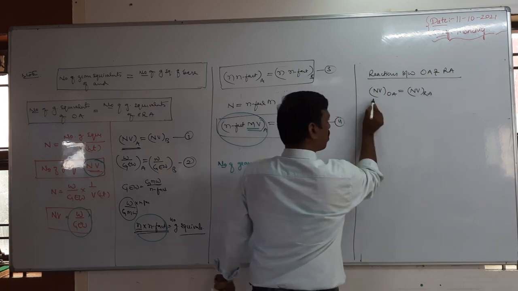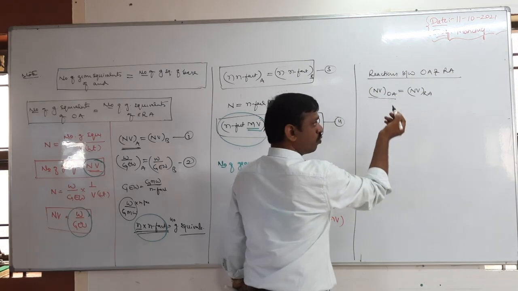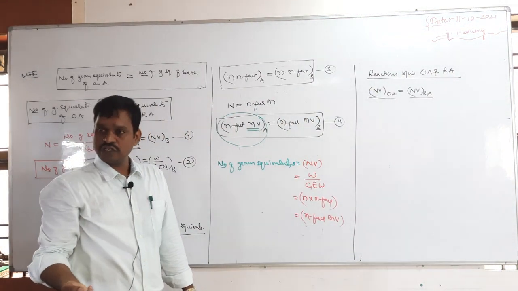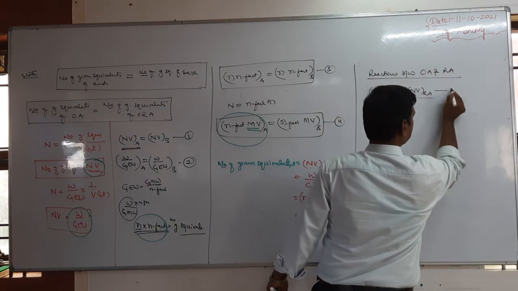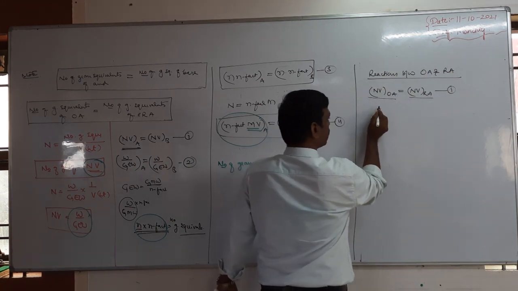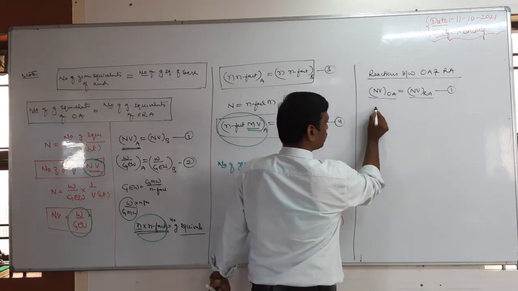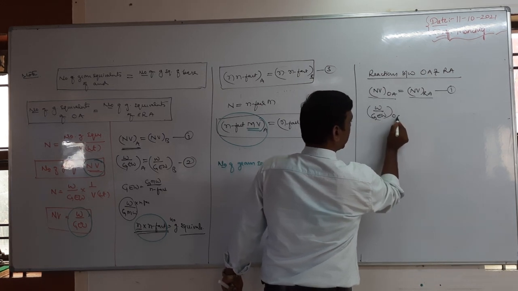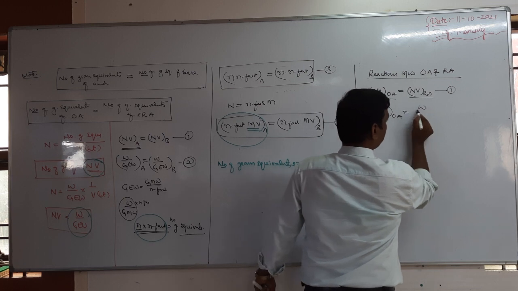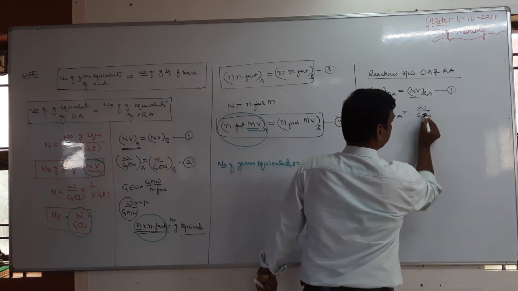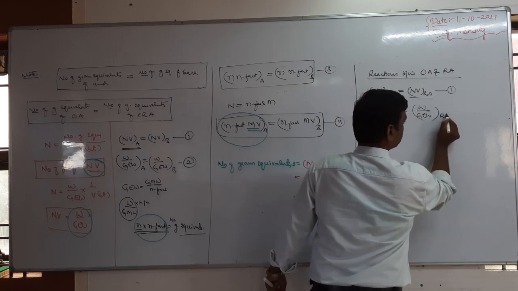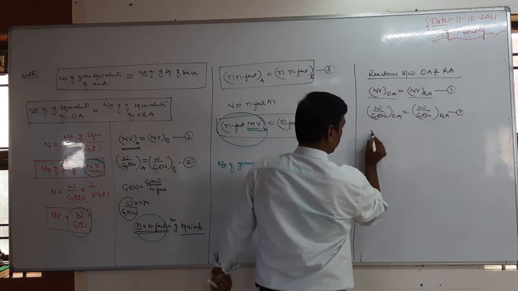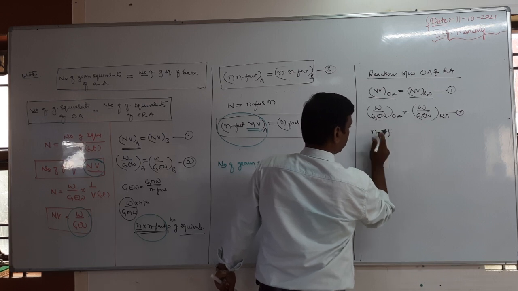Why? Number of gram equivalent of oxidizing agent should be equal to number of gram equivalent of reducing agent. This is one formula. Second, in terms of weight, weight by gram equivalent weight of oxidizing agent is also equal to weight by gram equivalent weight of reducing agent.